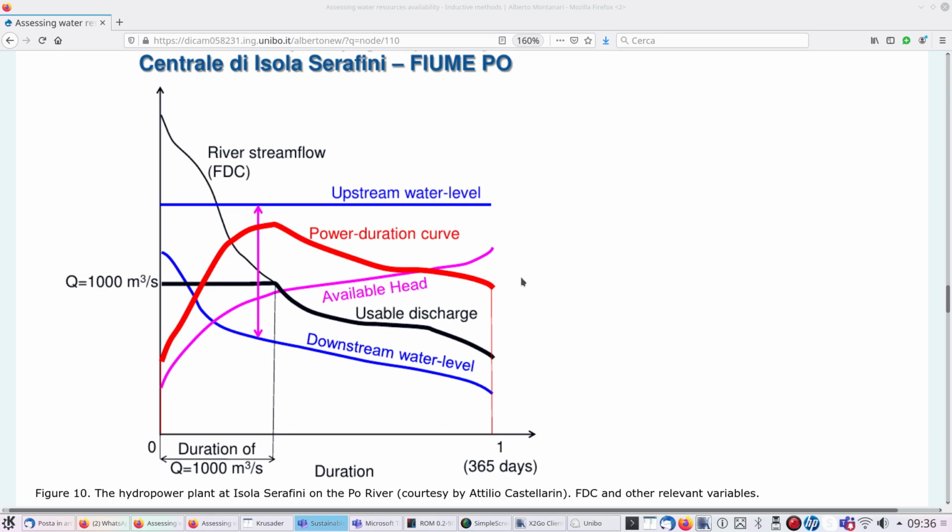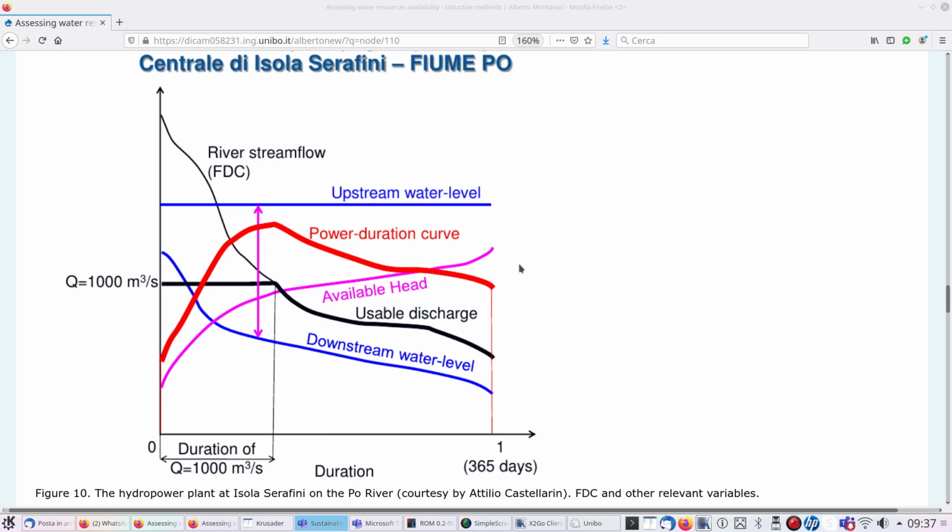As I said, in the flat areas, downstream areas, usually we get shortages of surface water resources, especially during the dry season, because surface water resources react very quickly to precipitation, and therefore during the dry season, surface rivers rapidly get dry. So in the flat areas, like for instance the Emilia-Romagna region here, usually during the dry season we rely on groundwater.